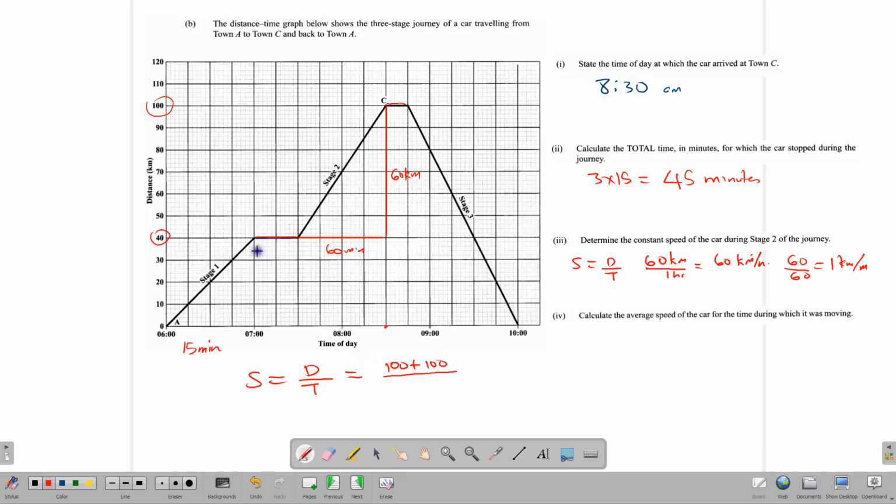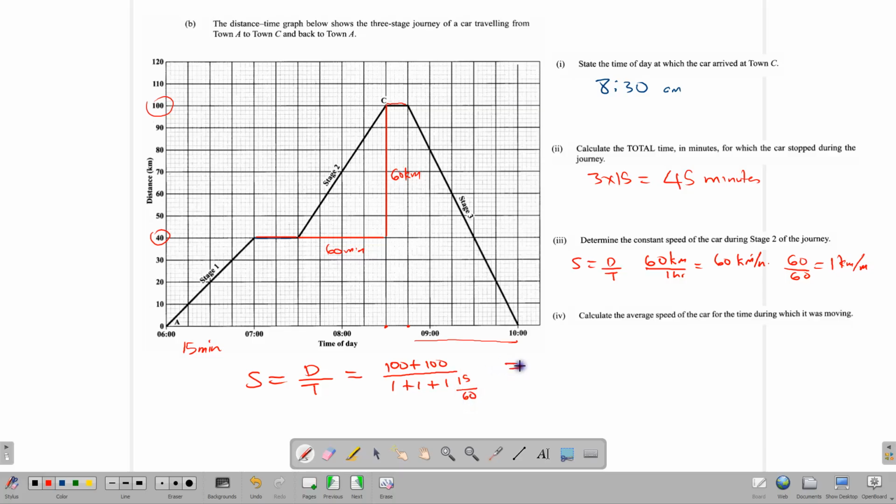Now let's look at the total time. While it's moving here, it's 15, 30, 45, 60, so that's 1 hour. It's moving here, that's another hour. And in returning, starting from this point to that point, the total time would be 1 hour and 15 minutes. 15 over 60 is the same thing as 0.25.